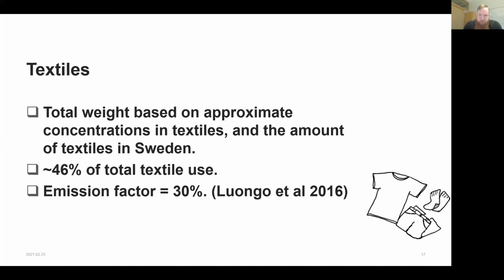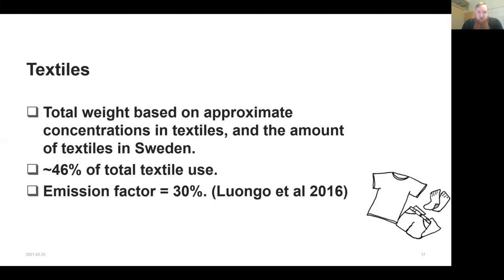Now, looking at the emission factor, I have now read more papers on textiles than I thought that I ever would. And it turns out that it's very rare that people do a study where they know what they put into a washing machine and what then also comes out after a subsequent number of washes.